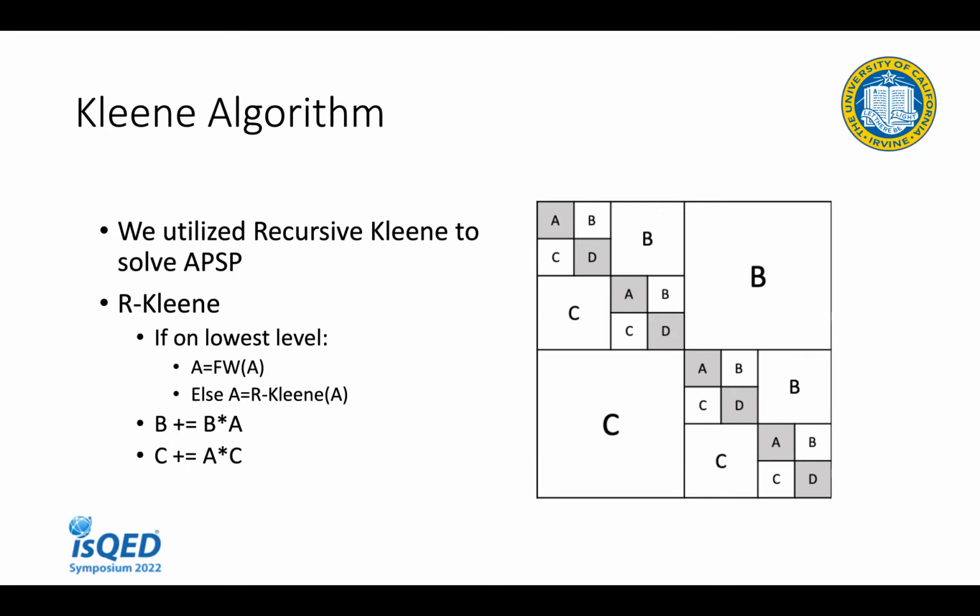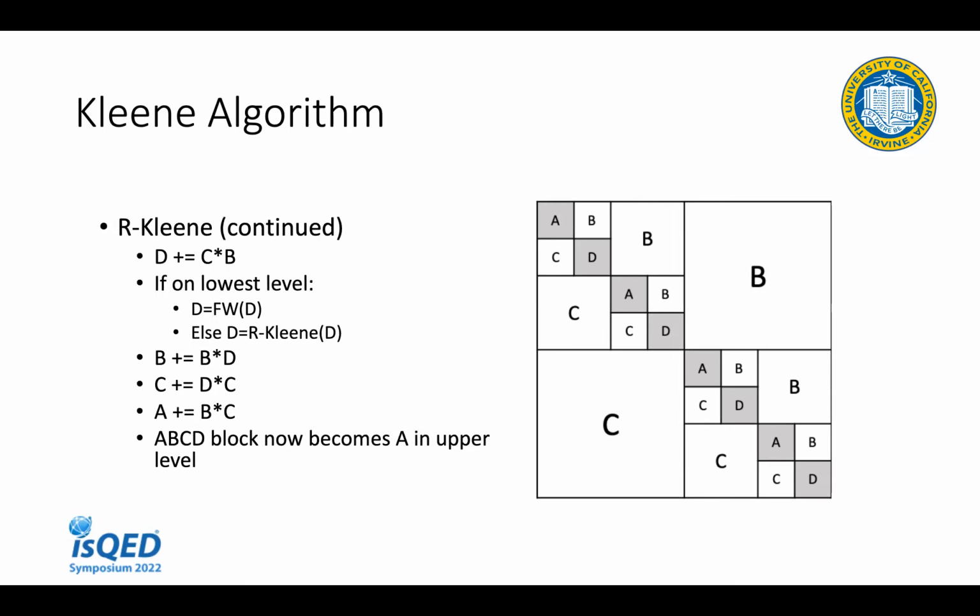So we will call Floyd-Warshall on block A, and then use matrix multiplication operations to update all the adjacent blocks. Once block D is updated, then we call Floyd-Warshall on that block again.